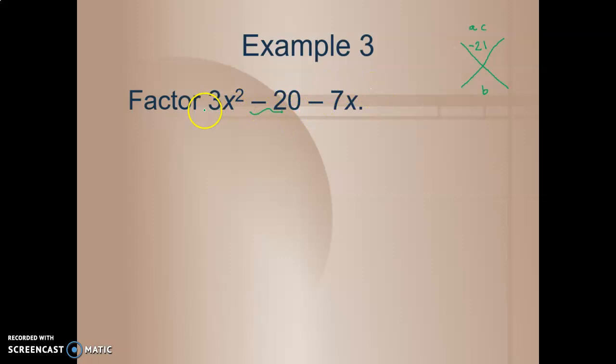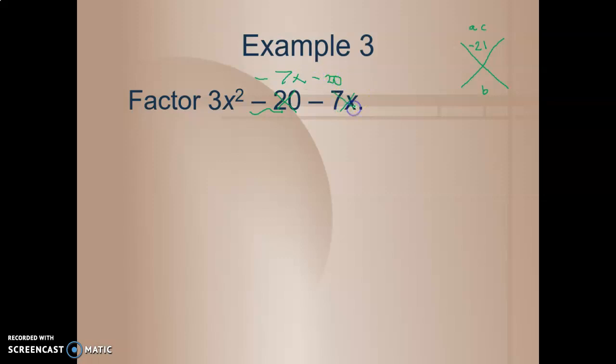If you notice, we don't have our expression in order. The very first thing we need to do is rewrite this in order from our x squared term, our quadratic term, linear term, and then our constant term down at the end. So I'm going to rewrite this as 3x squared minus 7x minus 20.